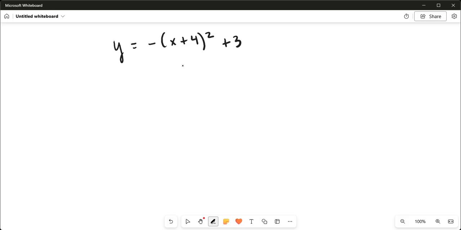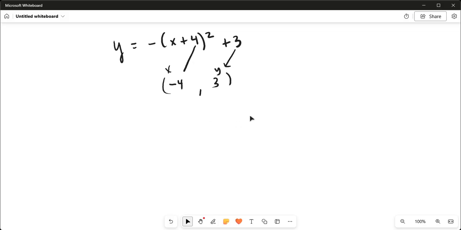After you complete the square, whatever is right here is going to be the opposite sign. That's your x value. And here is going to be your y value. And this is the axis of symmetry, which is also the vertex of your parabola.